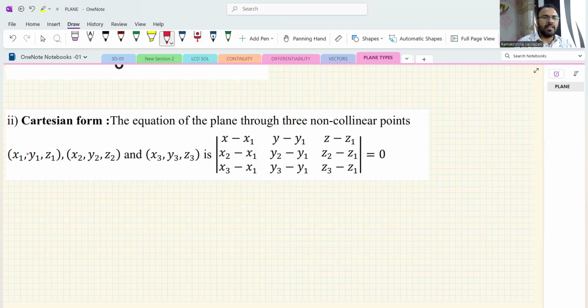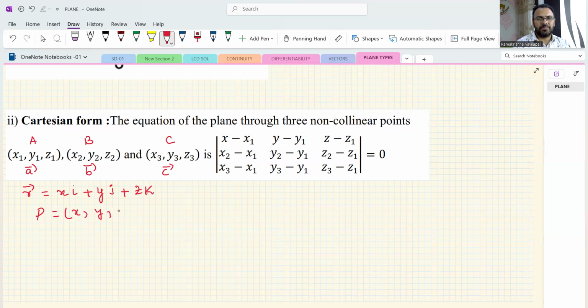You see that this is the point A, this is the point B, this is the point C. Assume this is A bar vector, B bar vector, and C bar vector, and you take R bar equal to xi plus yj plus zk, nothing but any point on the plane, x comma y comma z.